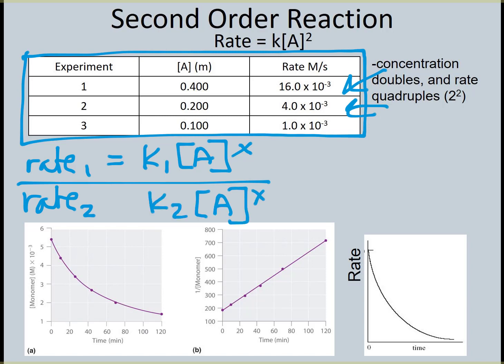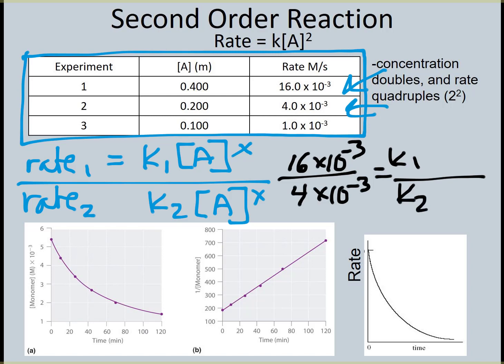And then let's put in our numbers. So I have 16 times 10 to the minus 3 divided by 4 times 10 to the minus 3, and that's equal to my rate law constants, and then put in your concentrations, 0.4 to the x and 0.2 to the x.